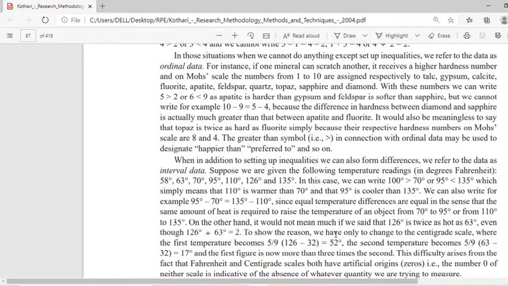We refer to that data as interval data. For example, degrees Celsius: 58 degrees, 63 degrees, 70 degrees, etc. That means we can also form differences.